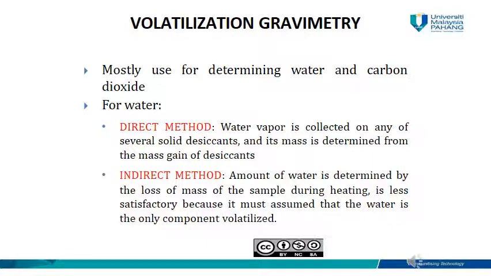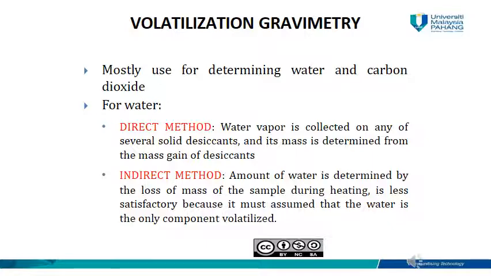A desiccant is a chemical or a solvent that has a high ability to absorb water, and the mass of water is determined from the mass gain of the desiccant.